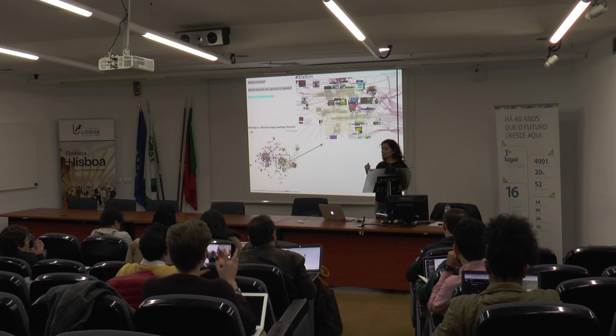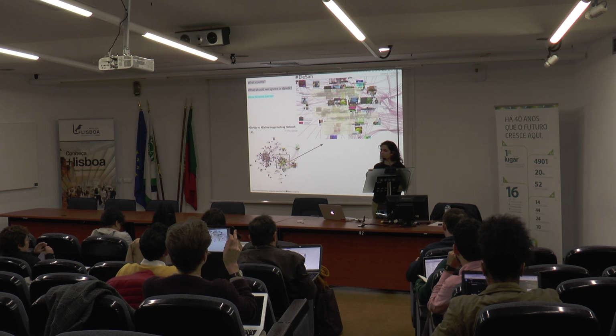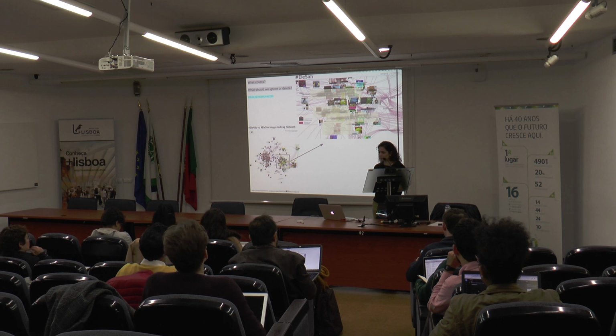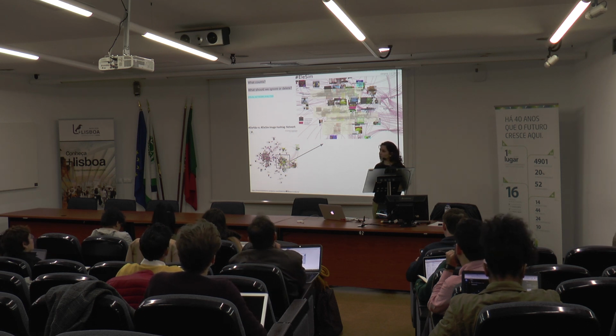And these very same images hit a week before the first presidential elections in Brazil last year. They hit between 5 and 10 different web entities across the web. So should we ignore this content because it was generated by automated accounts, or should we embrace it in our research process?